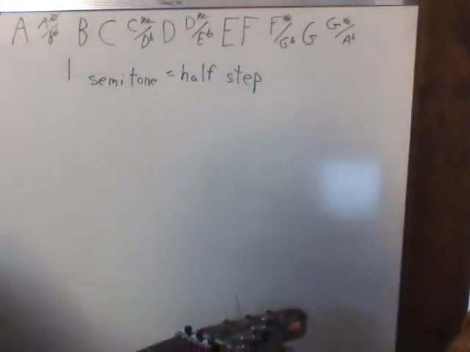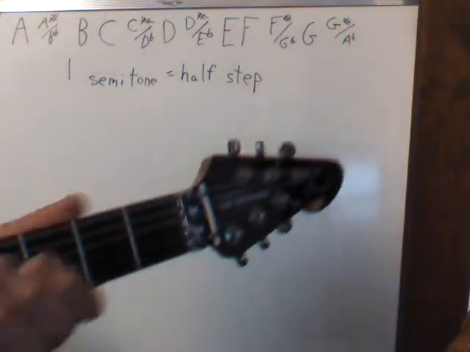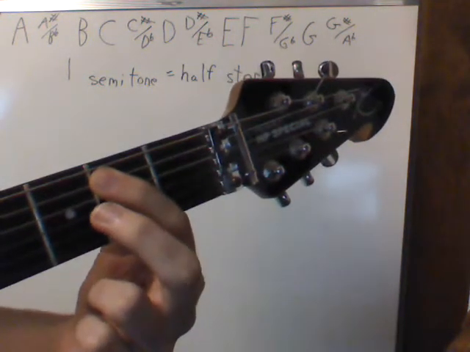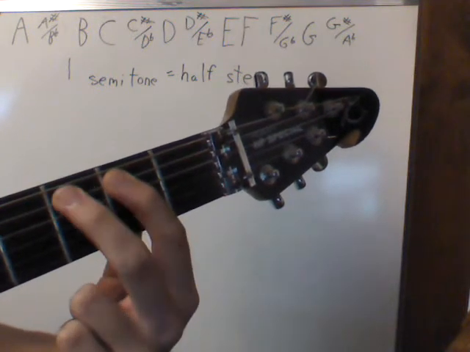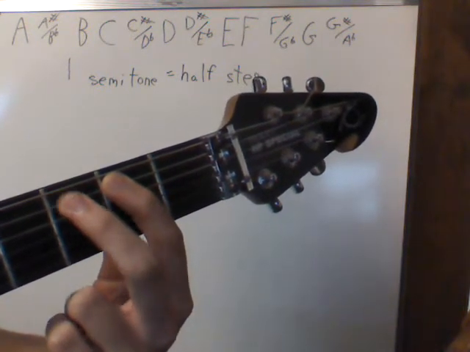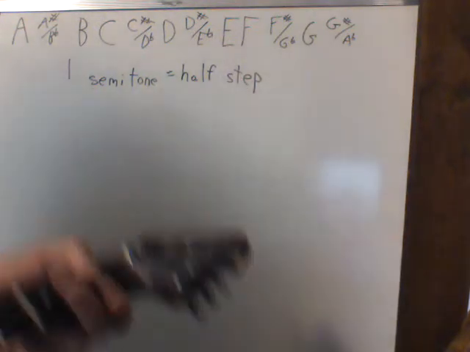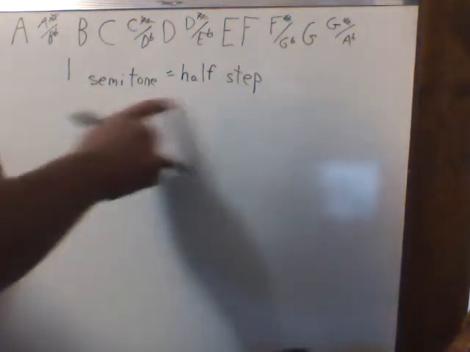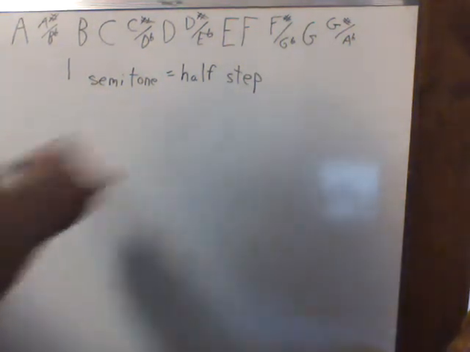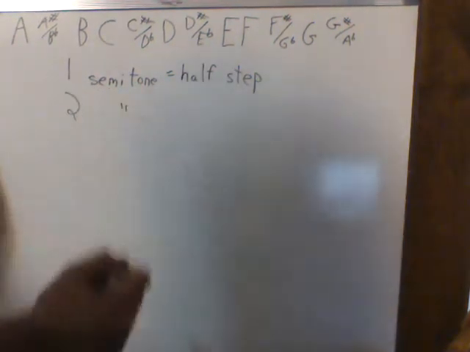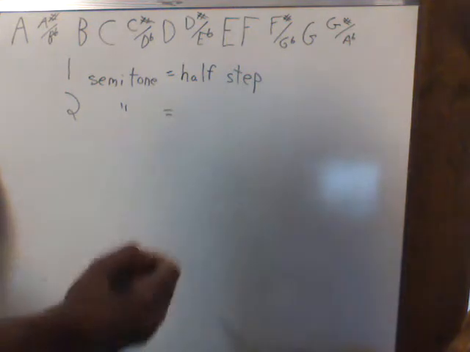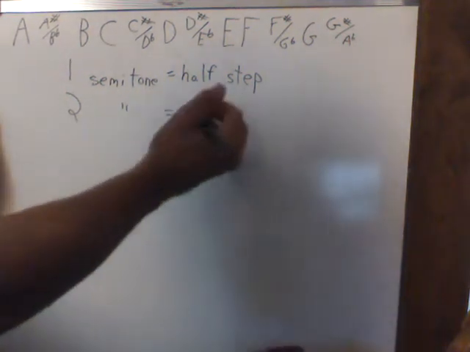So one semitone is equal to a half step. If I said go up 1 half step from the 2nd fret of the A string, you would just do that, go up 1 semitone. If one semitone is a half step, what do you think 2 semitones are? Well, 2 semitones is just a whole step, right? 2 halves make a whole.